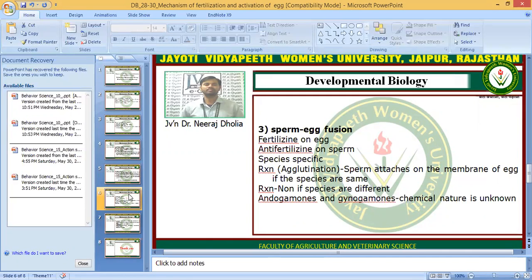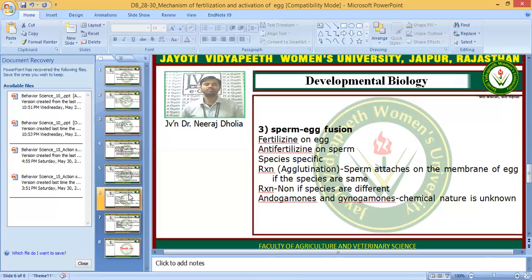Okay, so fusion is a process of mixing or fusing the male and female gamete. There are two types of protein receptors on the egg and the sperm surface.